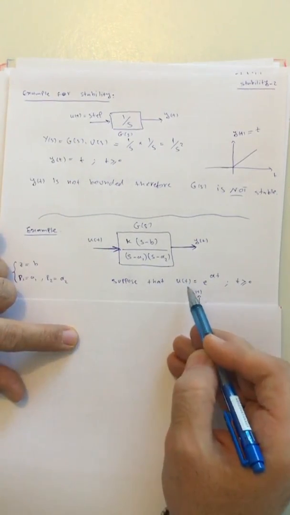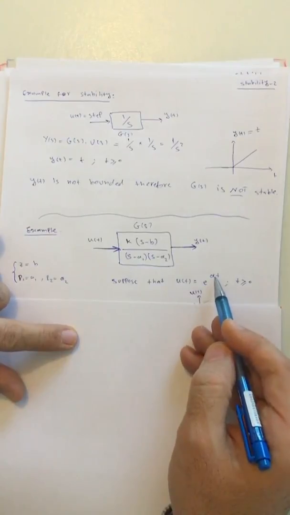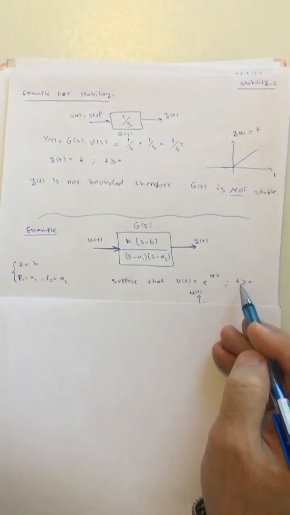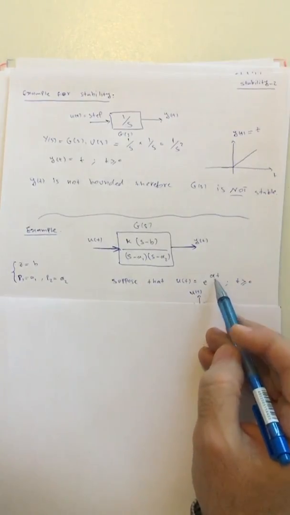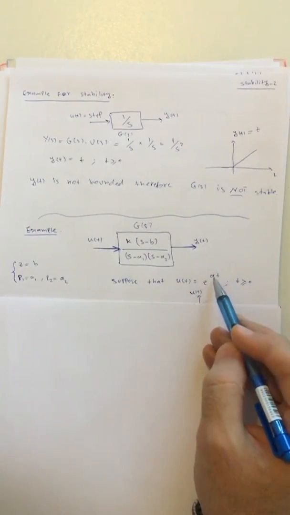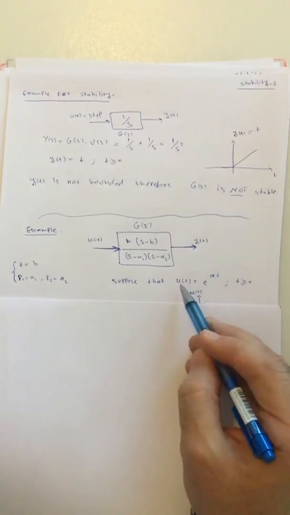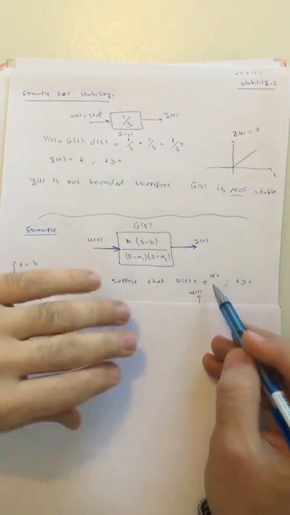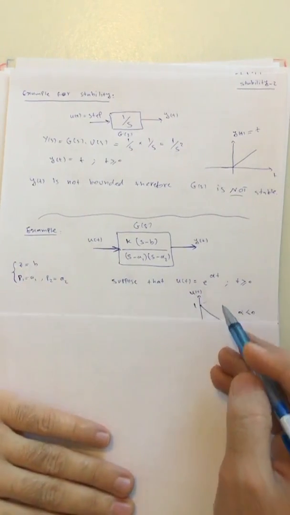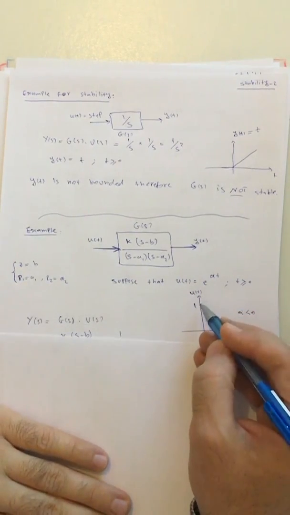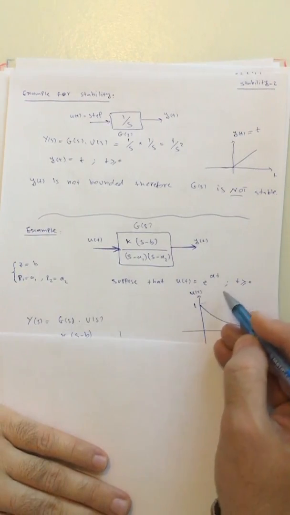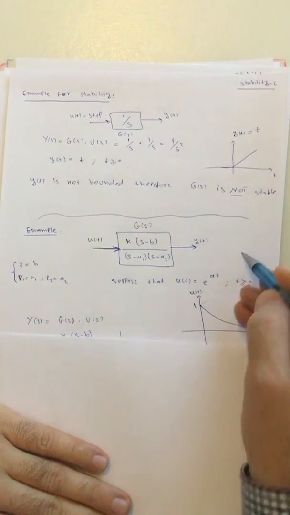Suppose that u of t is e to the power of at, for t positive. First of all, a cannot be positive because the input is supposed to be bounded itself. If a is positive, basically the signal goes to infinity.